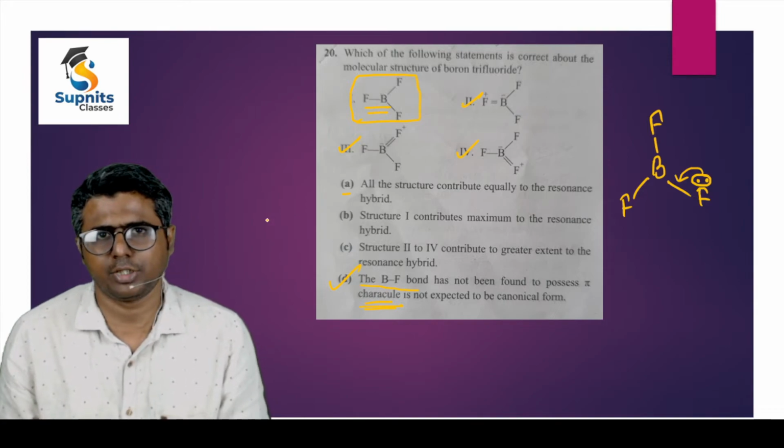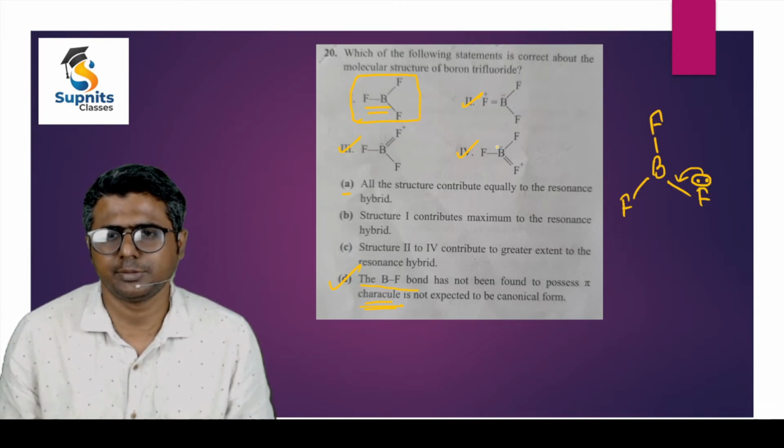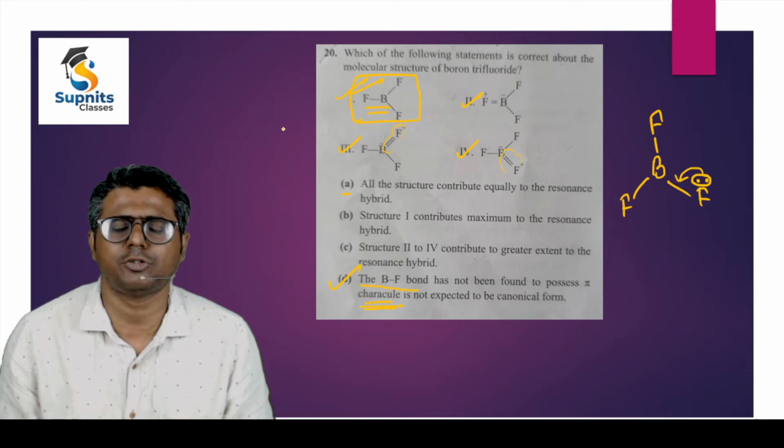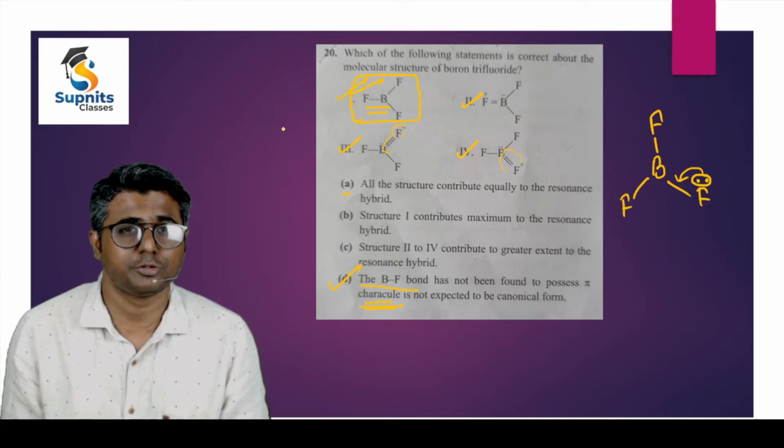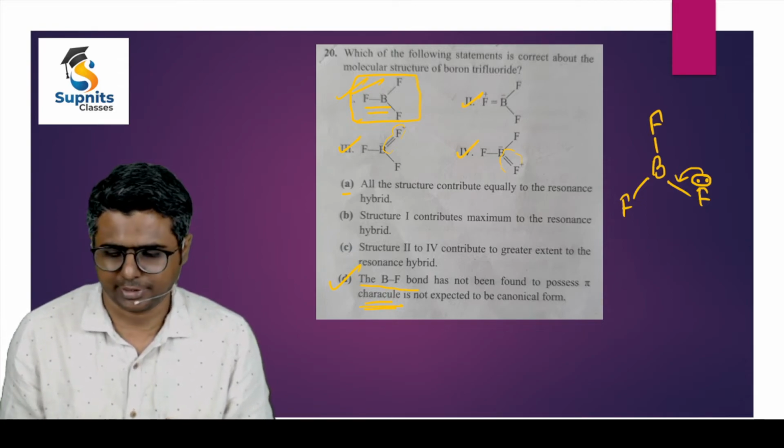In actual canonical form, it was found out that these BF bonds have pi character due to this back bonding. So that is why this part is not to be expected in the canonical form, which we already discussed earlier.